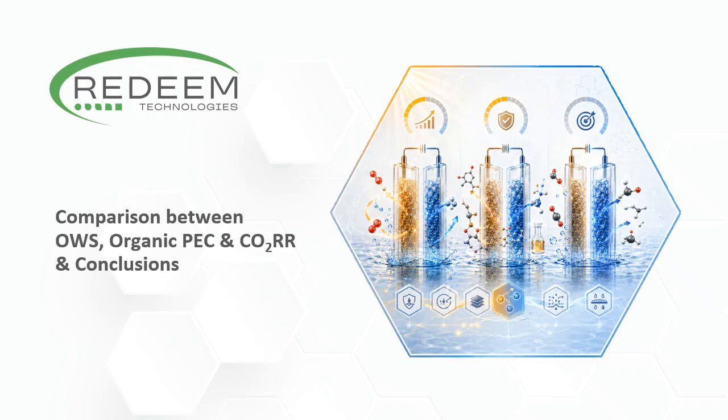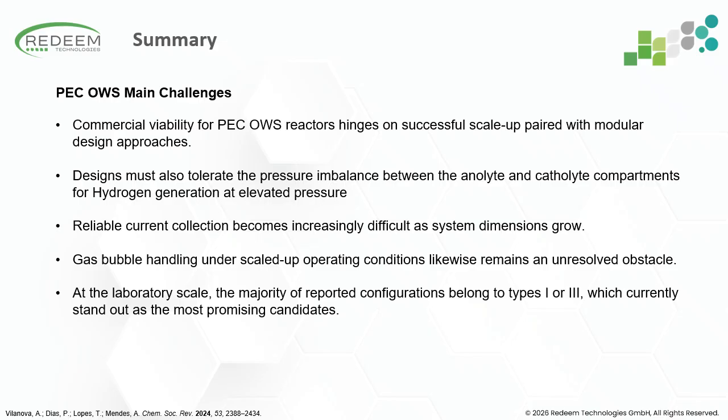Okay, and before the conclusion, I would like to summarize the three major applications and their design requirements which we have discussed today. To conclude the water splitting section, reactor engineering remains one of the key barriers to commercialization, and successful scale-up requires not only larger surface areas but also modular reactor concepts that maintain uniform current distribution and efficient bubble removal.